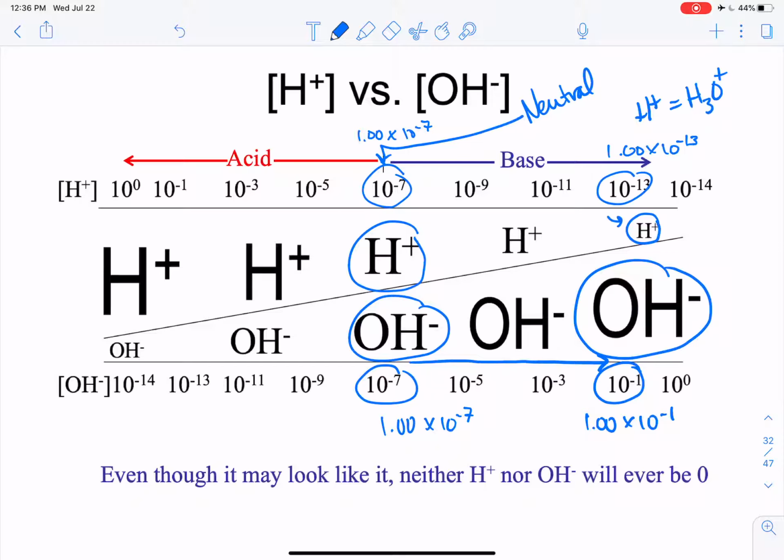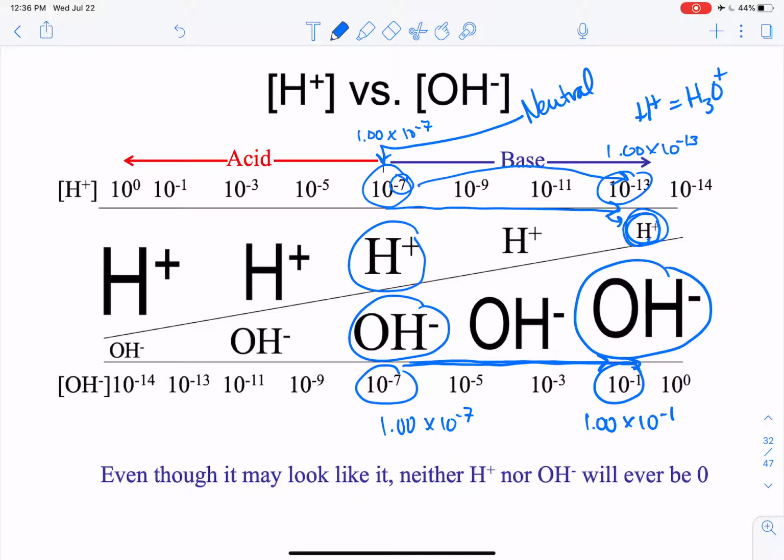So going from negative 7 to negative 1, that's actually an increase because negative 1 is less negative than negative 7. So we're increasing the concentration of hydroxide, and what we're doing also, if we go this way, is we're decreasing the concentration of hydronium, okay? We're going from negative 7 to negative 13, and negative 13 is a lot more negative than negative 7.